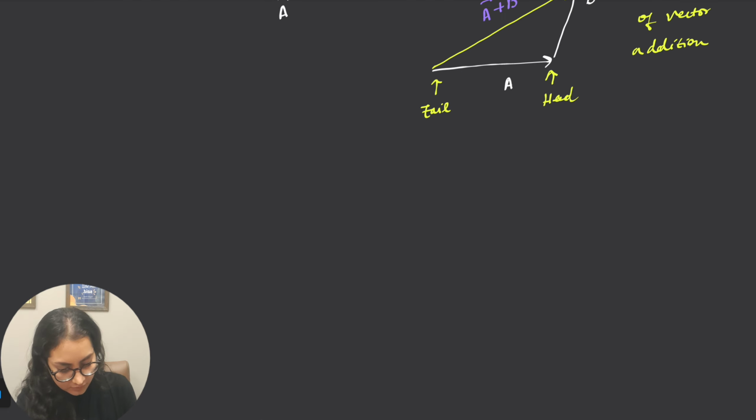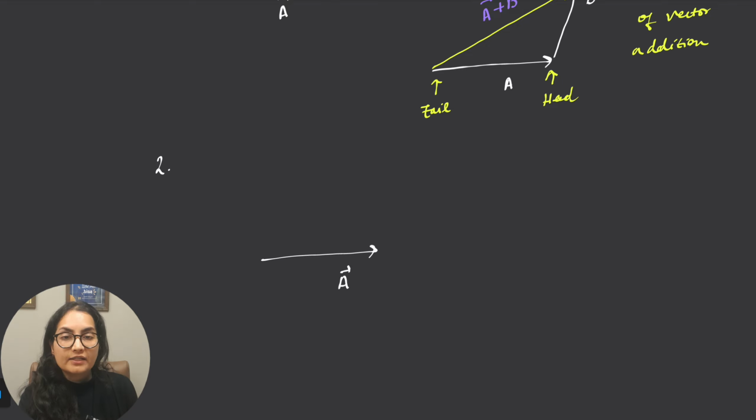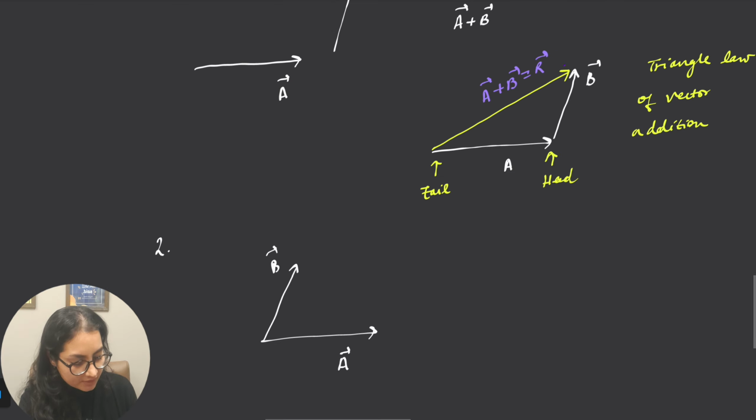What if I keep my B vector on the tail of A vector? In the previous method, I kept my B vector on the head of A vector.